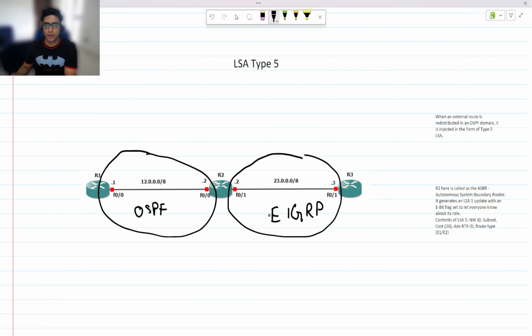So now R2 here becomes the ASBR, Autonomous System Boundary Router.